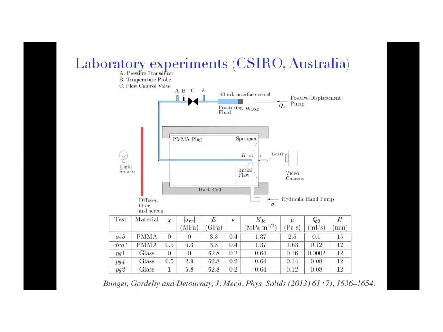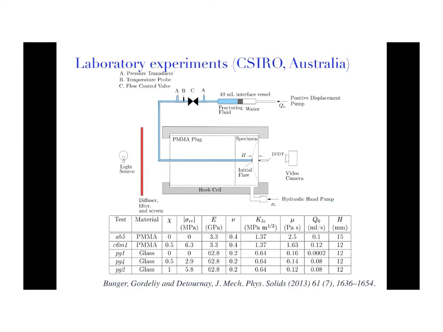If I go back to the setup here, you see there is a specimen on the right, and there is a PMMA plaque on the left. The PMMA plaque was just an auxiliary block of PMMA that was put into the Hoek cell to secure the specimen there, so that the specimen is not jumping out of the cell. And what is the boundary condition on this interface between the PMMA and the specimen?